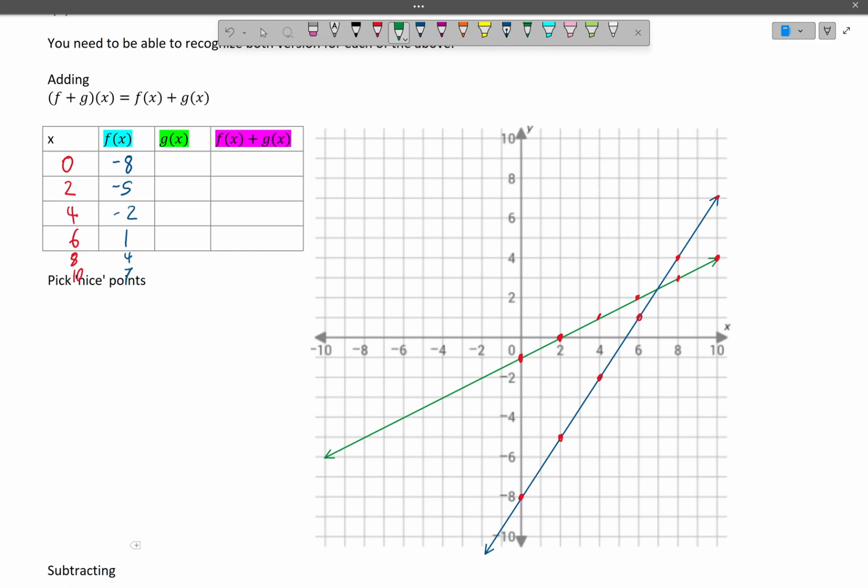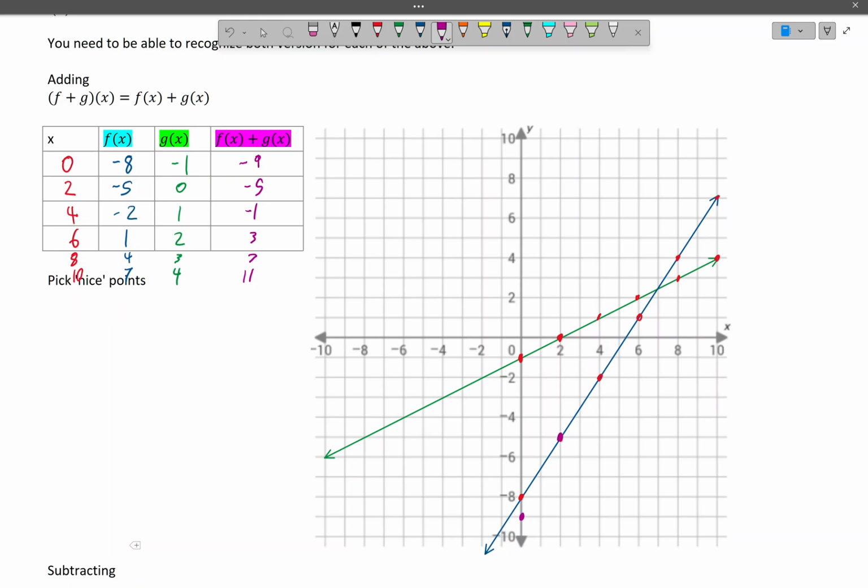And for the g of x function, that's the green one, we start at -1, 0, 1, 2, 3, 4. And so when we put those two things together, we add them, we get -9, -5, -1, 3, 7, 11. So when we plug this all in, our first point would be down here at -9.